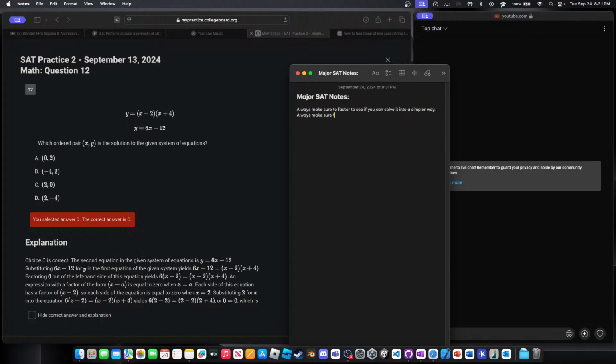Always make sure that you have a system of equations. Make sure that the solution chosen works in the system of equations.